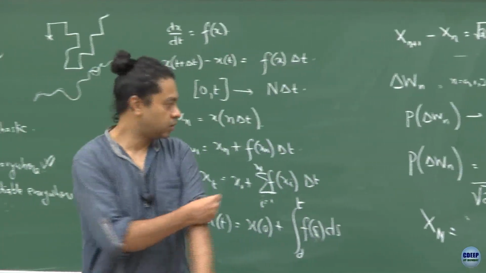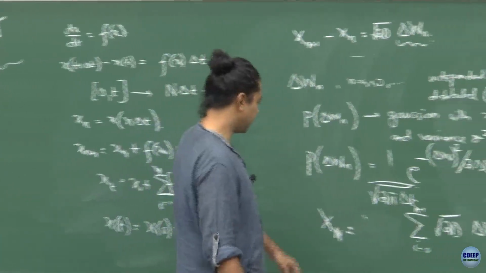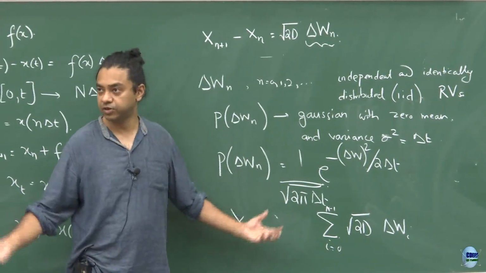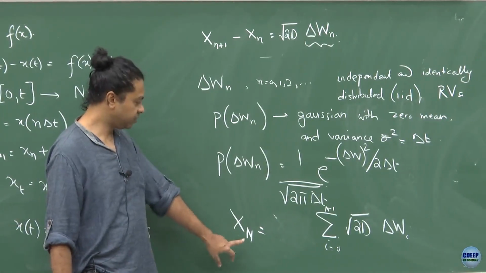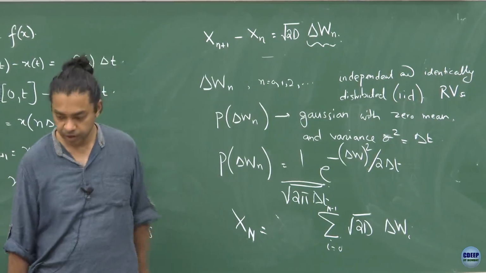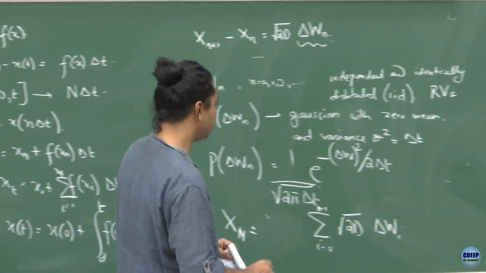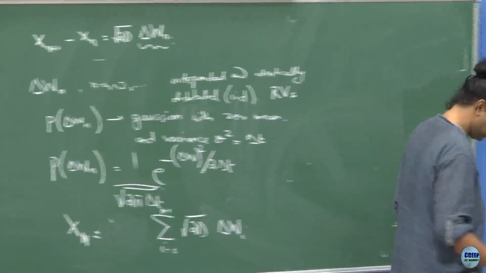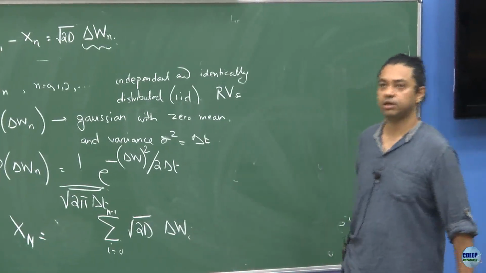As long as I find out the mean and the variance, because a Gaussian only has the first two moments, I know the probability distribution for x n. So, I will find out the mean and the variance. If I have a random variable which is the sum of n random variables, what is the mean?